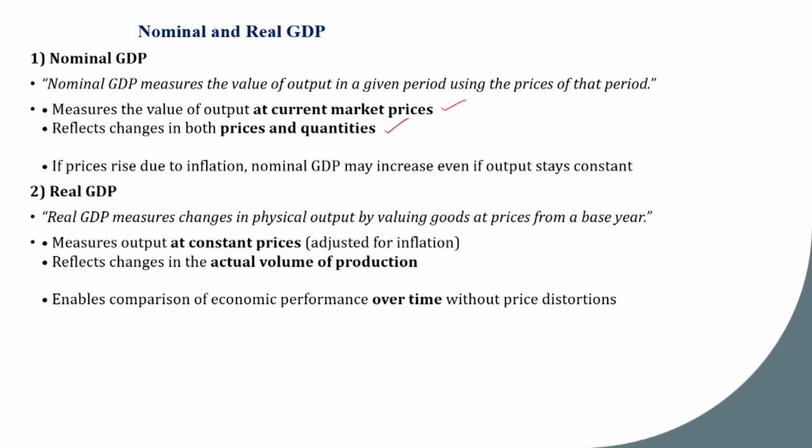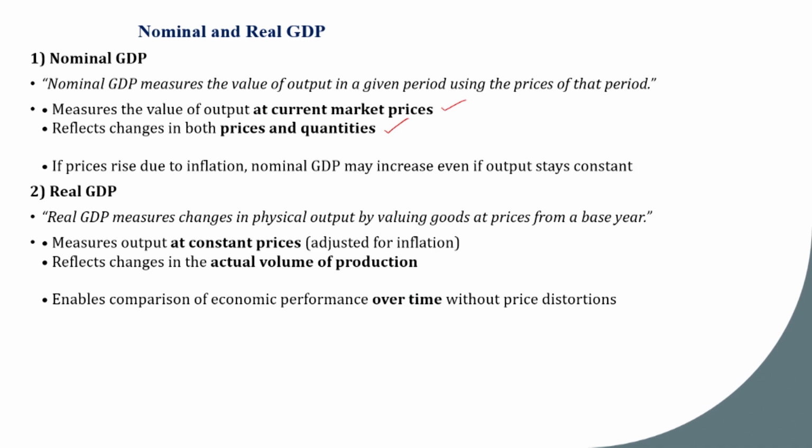So then coming to the real GDP, it measures changes in physical output by valuing goods at prices from a base year. So it measures output at constant prices, that is adjusted for inflation. So that means if we are using 2020 as the base year, then we take the 2025 GDP and convert it into real GDP, but at the base price of 2020.